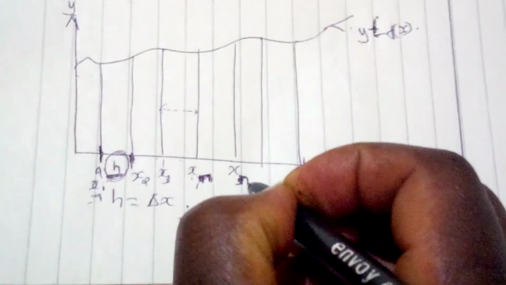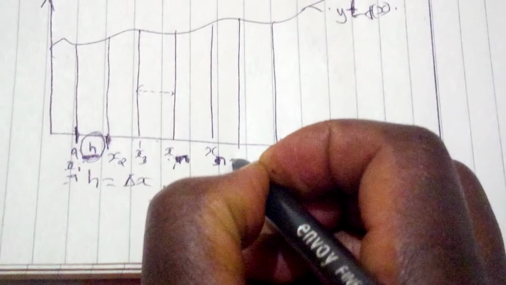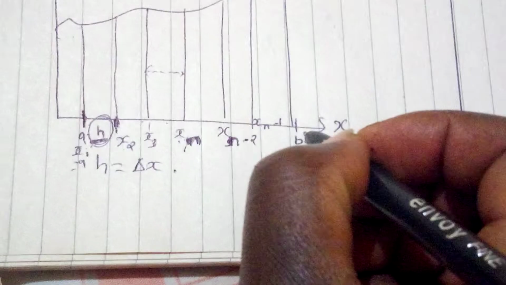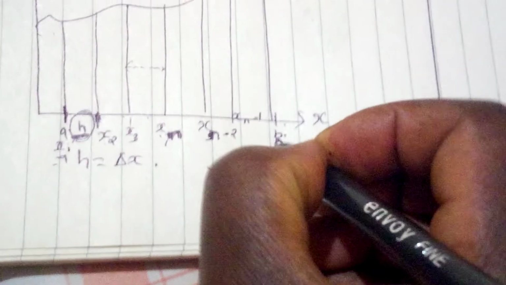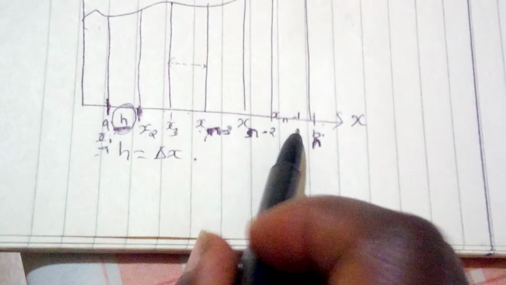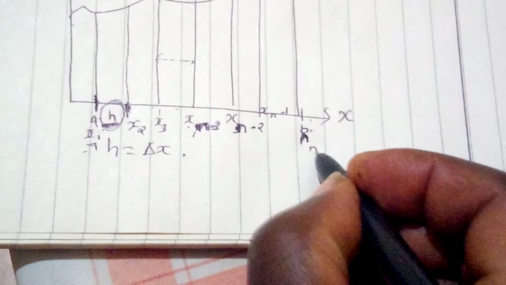Let's say we have many subintervals, so we are going to reduce it into n. Then we have x_{n-2}, this one will be x_{n-1}, then this one will be our n. So this is n minus 3, n minus 2, n minus 1. Then this is the n, the upper boundary of that integral.